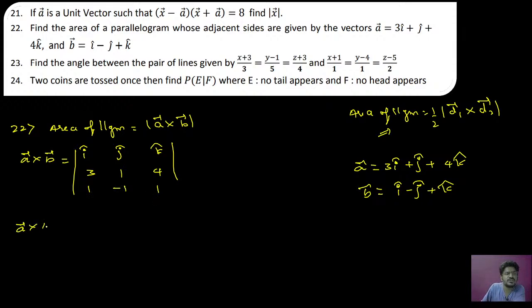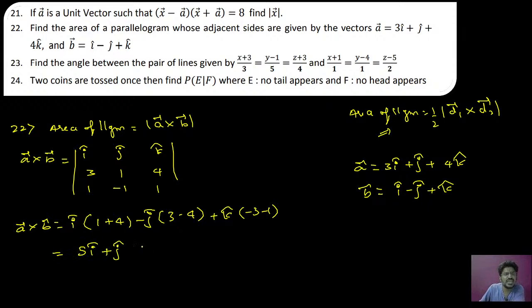Now A cross B equal to I cap into 1 plus 4 minus j cap into 3 minus 4 plus k cap into minus 3 minus 1. Okay. So now 5i cap plus j cap minus 4k cap.